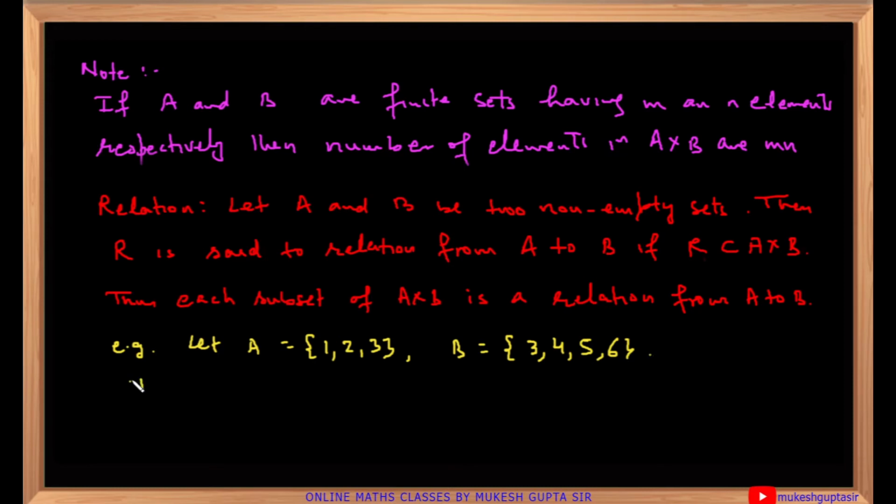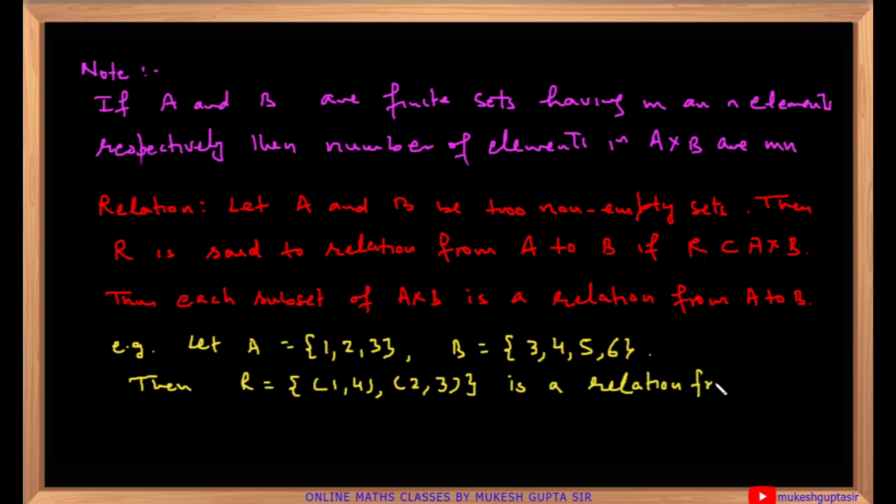Let us write a subset of A cross B. Say R = {(1, 4), (2, 3)}. You can note it is a subset of A cross B.